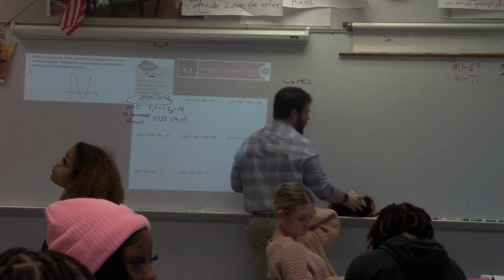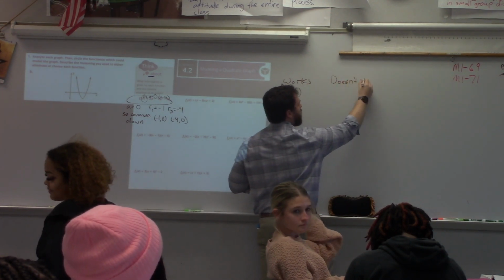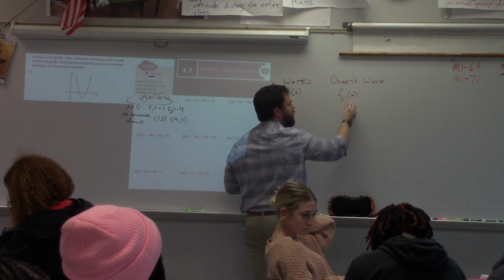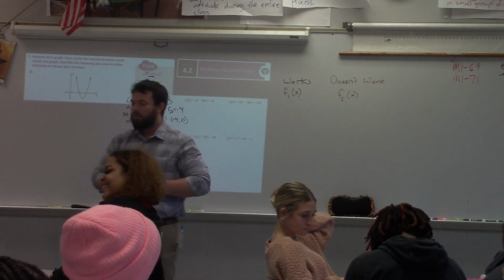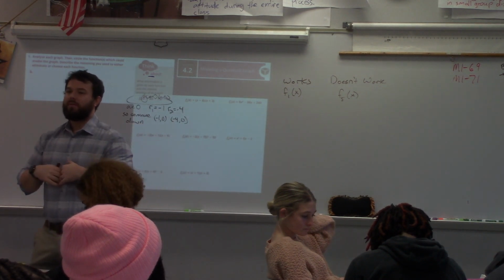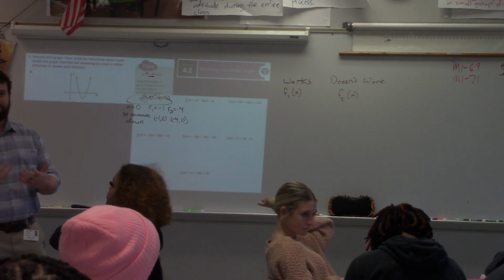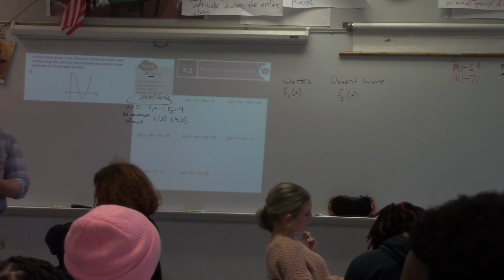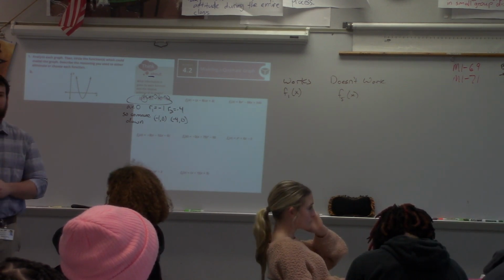And "doesn't work," maybe f5 of x, right? Just write that out to indicate which functions could or couldn't work. Be ready to have a conversation and explain it, but you don't have to write it down for now. You don't have to write out the entire equation, but be ready to talk about it.